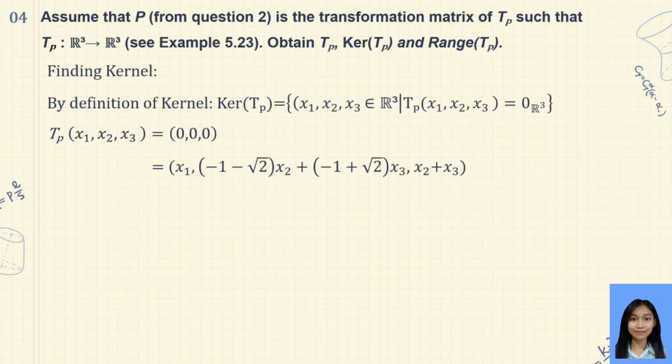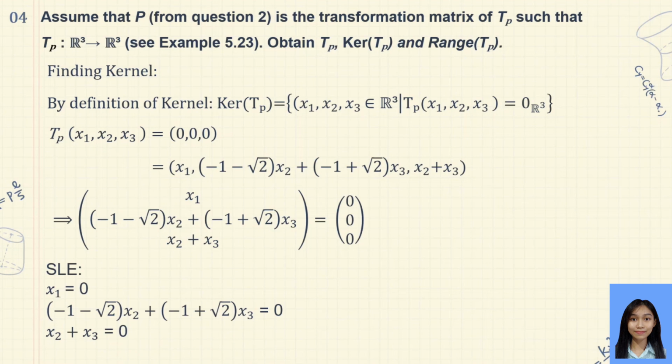To find the kernel, by the definition of kernel, ker(T_P) equals the set of (x1, x2, x3) that is an element of Euclidean space, given that (x1, x2, x3) is mapped by T_P to the zero vector. So T_P(x1, x2, x3) is (0, 0, 0).